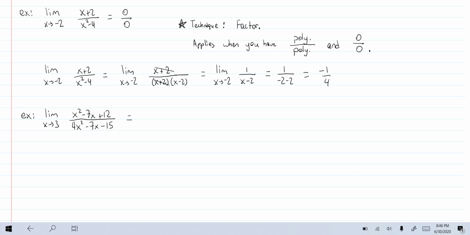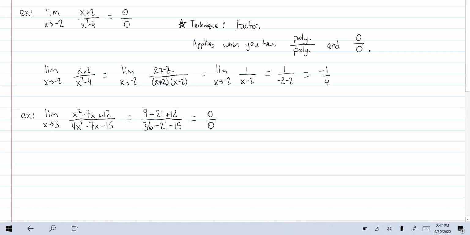Let's plug in x equals 3 and let's see what that gives us. 3 squared is 9. 7 times 3 is 21. So 3 squared is 9, times 4 will be 36. 7 times 3 is 21. Okay. If you do the arithmetic, we do get another 0 over 0.